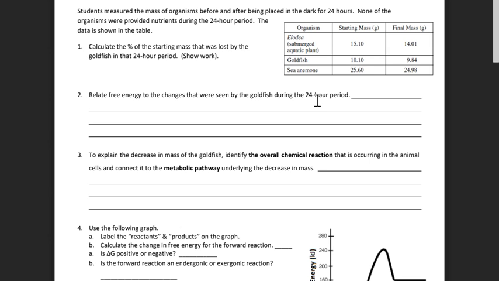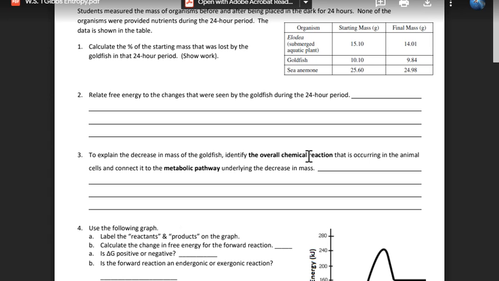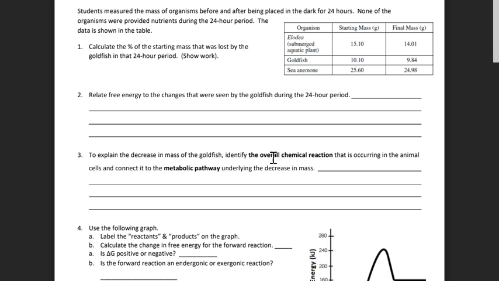So we explain the decrease in mass, and identify the overall chemical reaction. What process is causing us to make CO2 and release it? It's respiration, right? But to get this point, you have to write the equation for respiration.